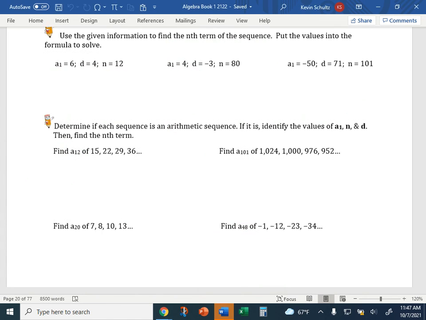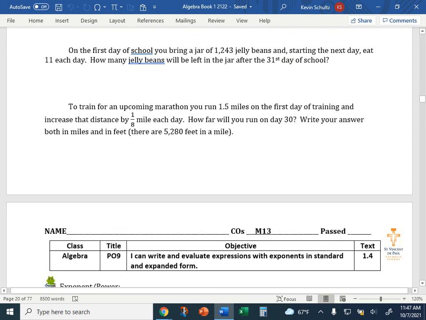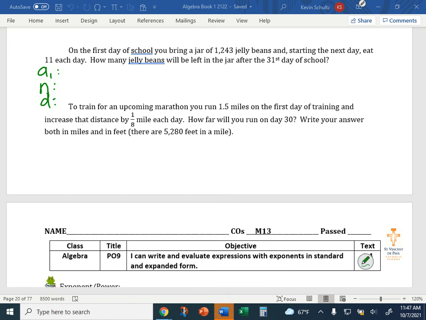We did the bank account question yesterday, but looking at the other ones here, it says on the first day of school, you bring a jar of 1,243 jelly beans, and starting the next day, eat 11 each day. How many jelly beans will be left in the jar after the 31st day of school? What's our first term? What's our A1? What's our N? And what is our pattern? What's our D here? Lauren, give me one of those three.